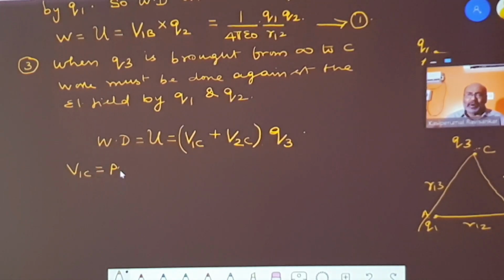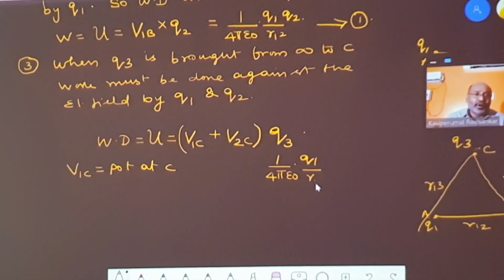V1C is the potential at C due to Q1. It is 1 divided by 4 pi epsilon 0, Q1 divided by the distance R13.